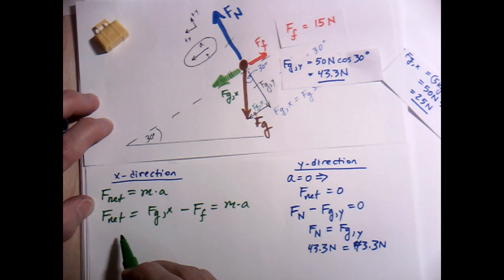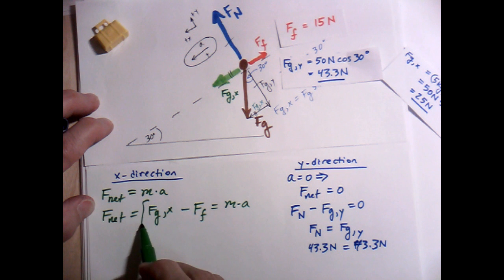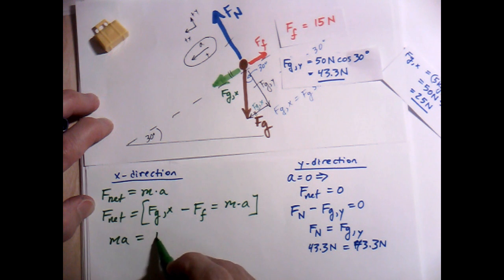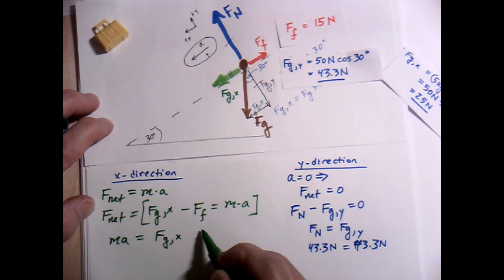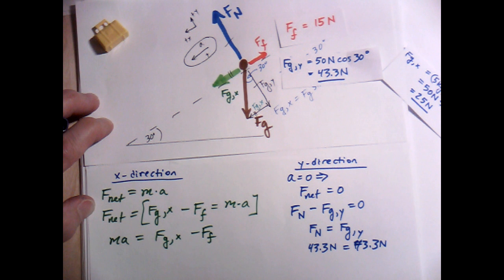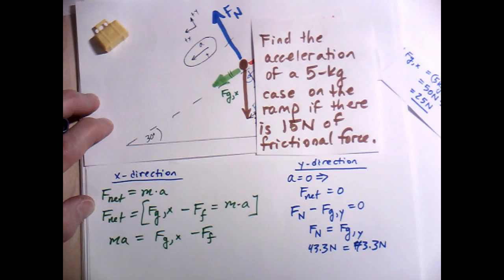So if I now rewrite this, leaving out the word F net because this is the part of the equation that I'm most interested in, mass times acceleration is equal to Fg in the x direction minus Ff, frictional force, which means that if I'm solving for acceleration, which is what the problem asked, find the acceleration, then I need to isolate the a in this equation, which means I'm going to divide both sides by the mass.